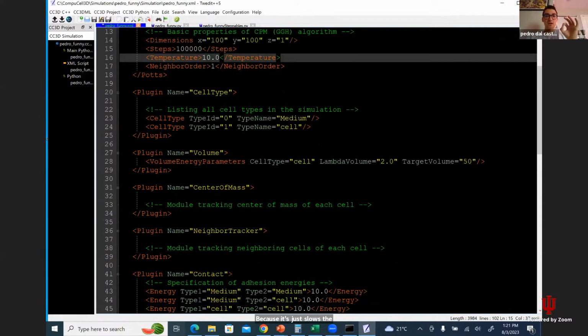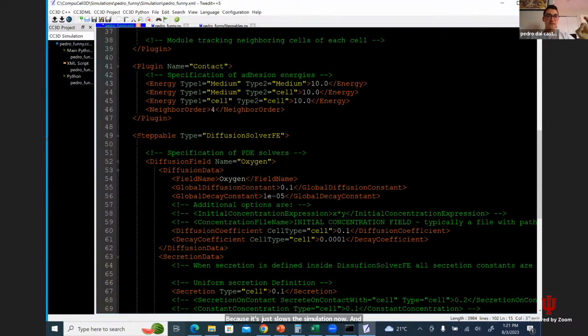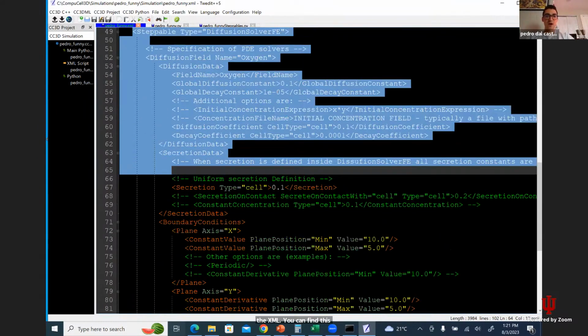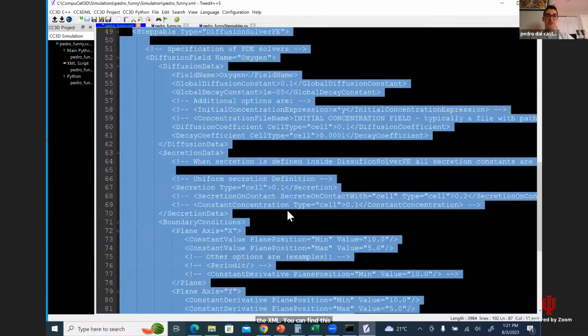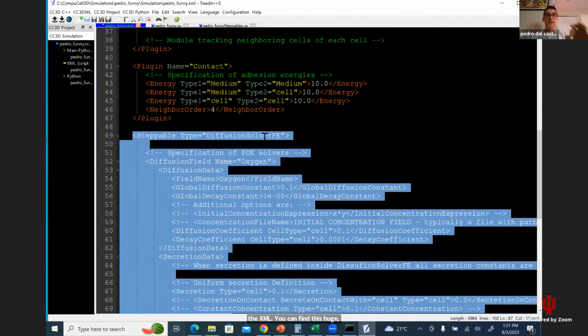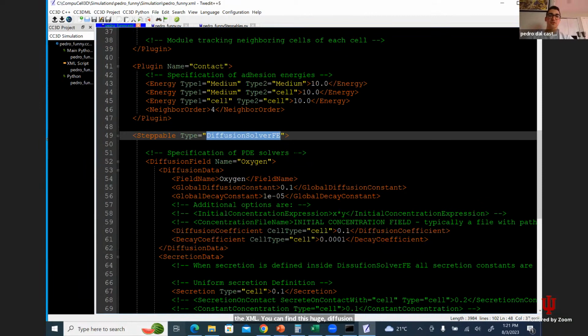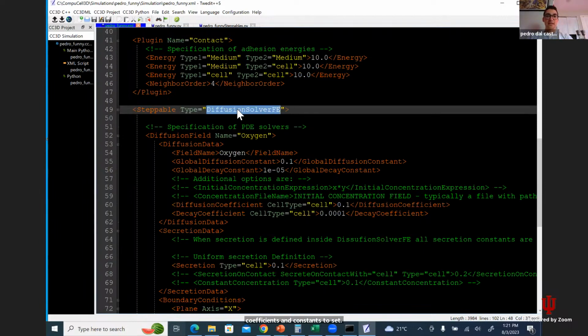And here in the XML, you can find this huge steppable called Diffusion solver FE. It carries the name of the diffusion solver you picked. So in the XML, you find these steppables with multiple coefficients and constants to set. Inside the diffusion solver FE, you could have multiple fields.